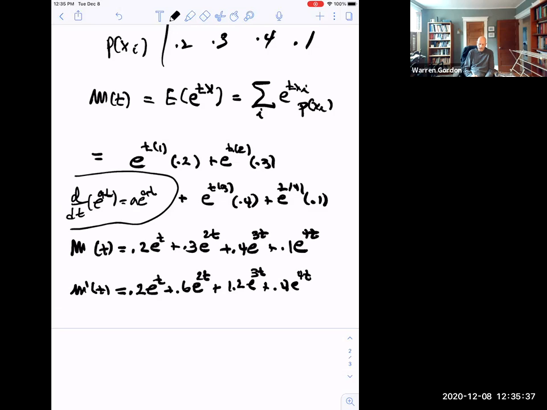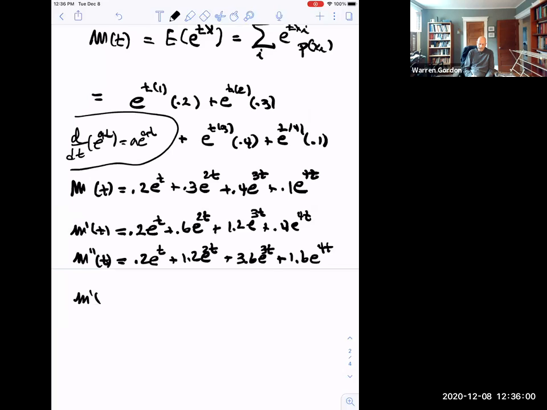And while I'm taking derivatives, let me get the second derivative. This gives me 0.2 e to the t plus 1.2 e to the 2t plus 3.6 e to the 3t plus 1.6 e to the 4t.